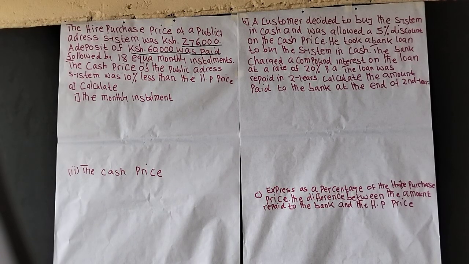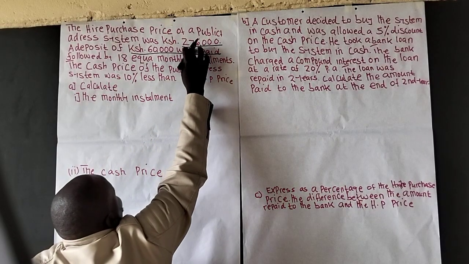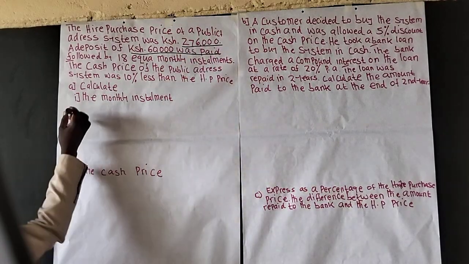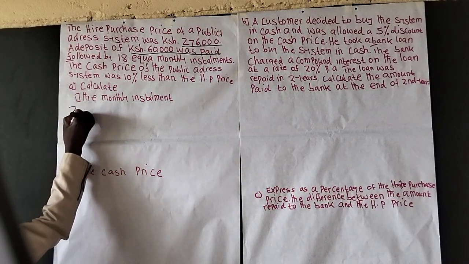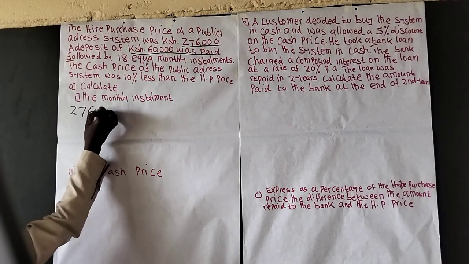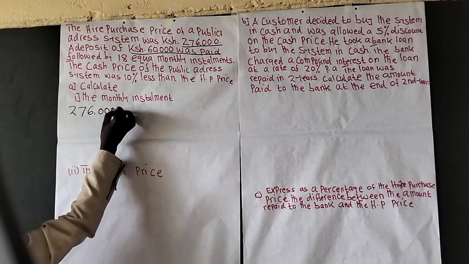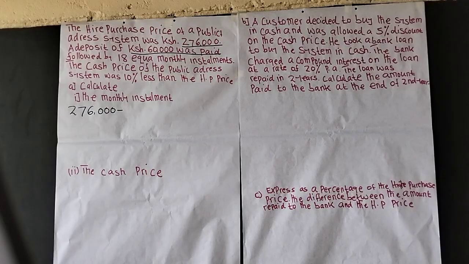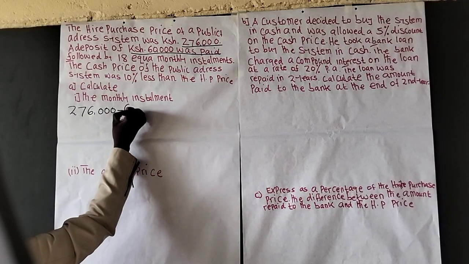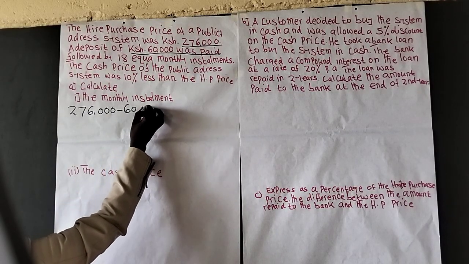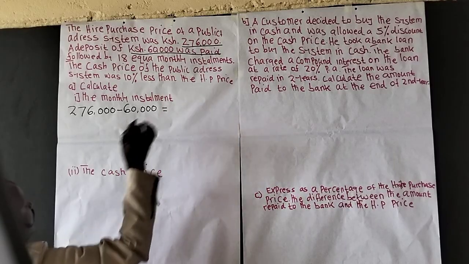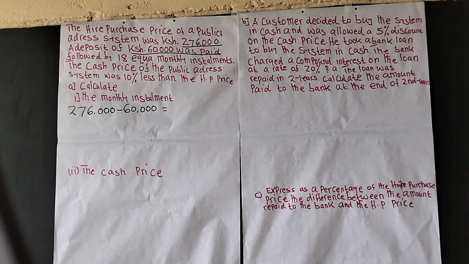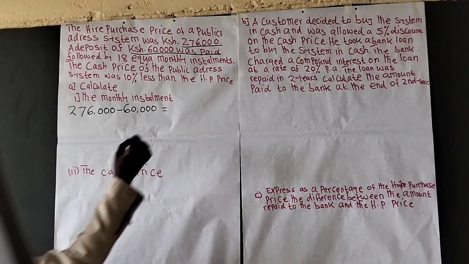Monthly installment: the hire purchase price is 276,000. First of all, 276,000 minus the deposit, which is 60,000. Then you get the remaining amount after paying the deposit as 216,000.